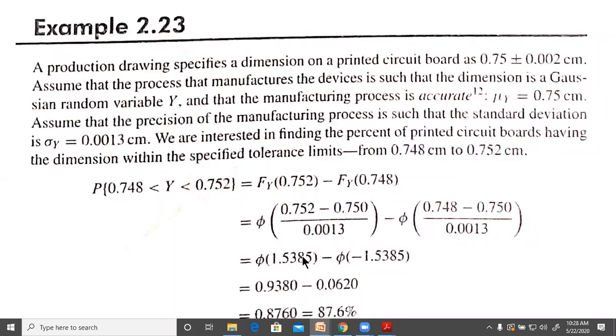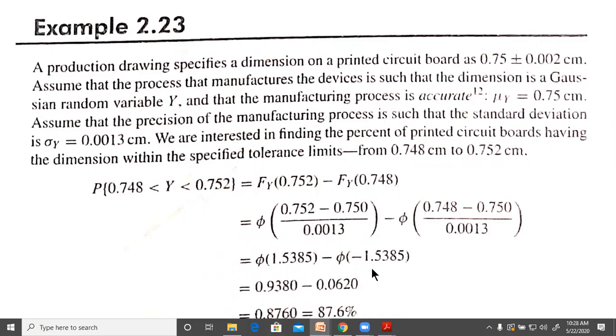If you see the tables, you'll get for 1.5385 this value from the Gaussian tables. From the Gaussian table you have to get that, and after subtracting you'll get 0.8760. So this has to be found from the normalized Gaussian table.